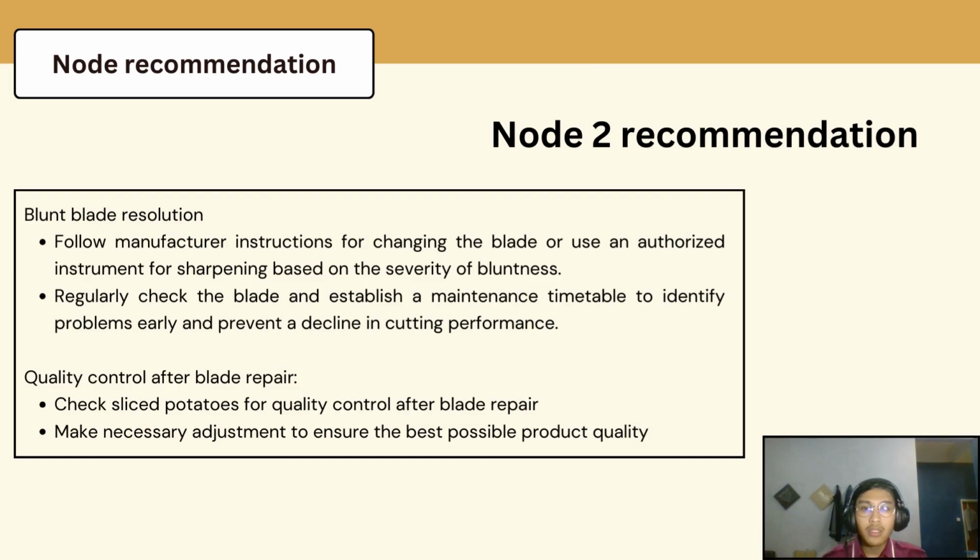Next is quality control after blade repair. First, check the sliced potato for quality control after the blade is repaired, and make necessary adjustments to ensure the best possible product quality.